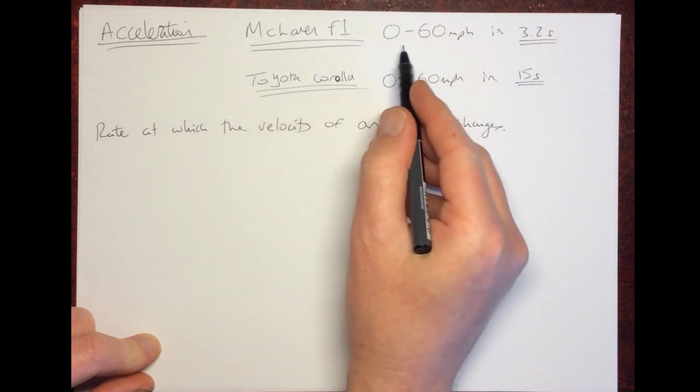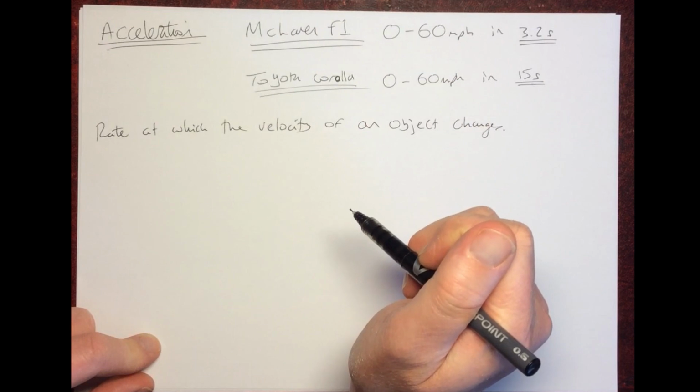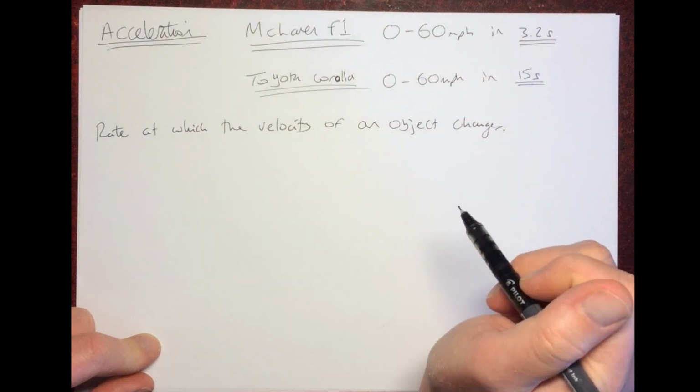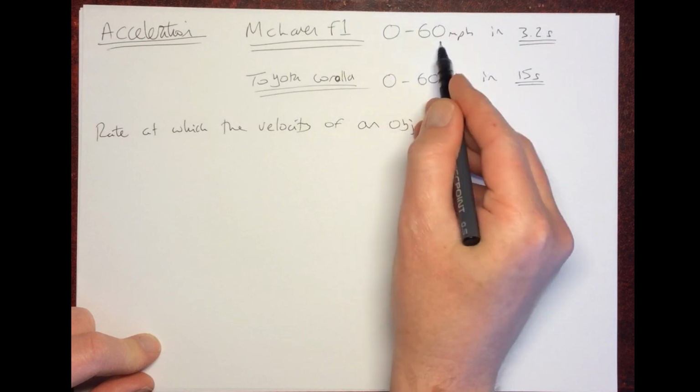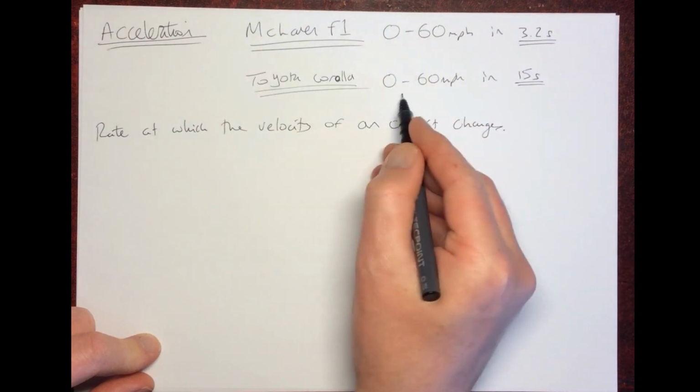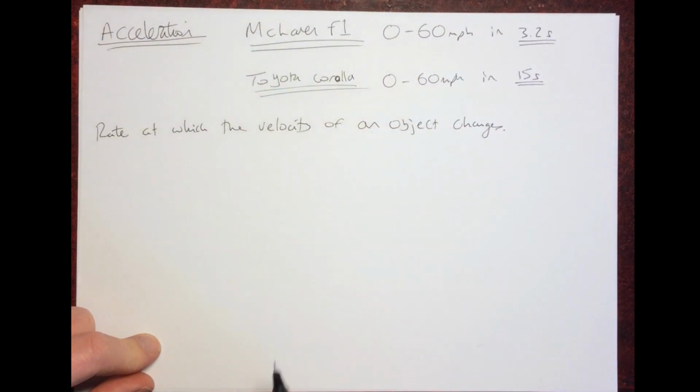So this McLaren F1 can increase its velocity from 0 to 60 miles per hour in a much smaller time than the Toyota Corolla, so it's got a higher acceleration. Acceleration tells us how quickly an object can change its velocity.